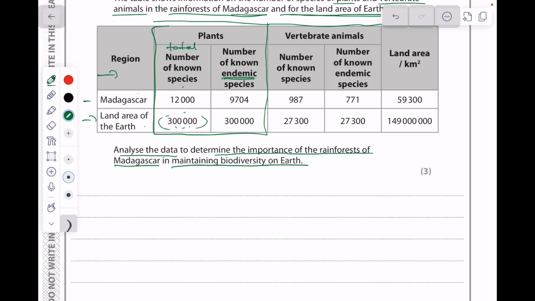Okay. This is very strange. Okay. Or maybe I'm not looking at it right. Because what I'm thinking is Madagascar is part of the land area of Earth. So what we're doing is comparing Madagascar numbers to the land area of Earth.